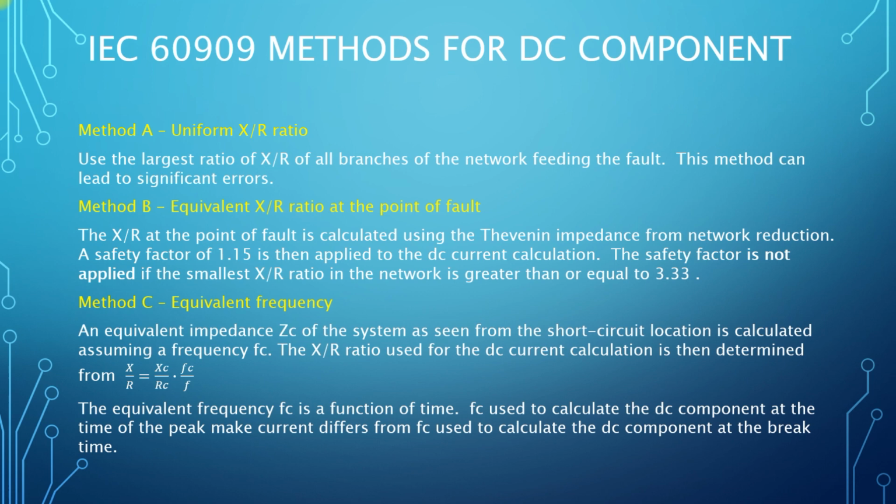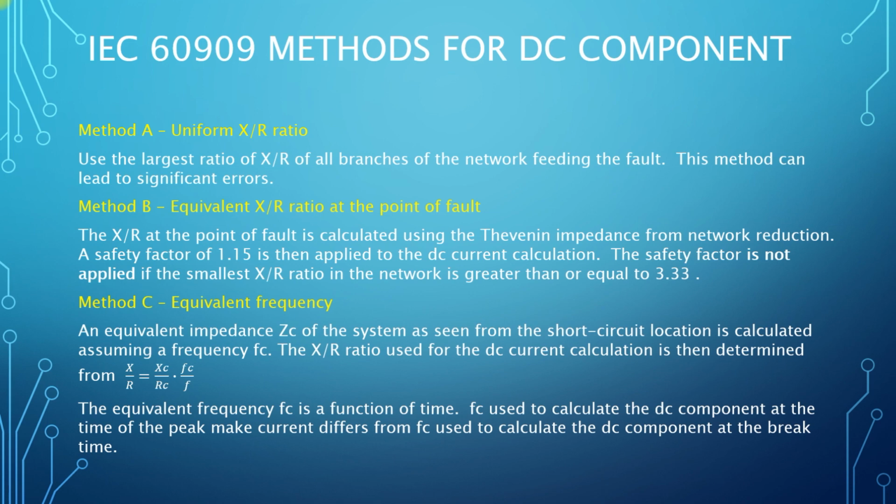It finds the branch with the highest X upon R ratio, which is the branch where the current will take longest to decay, and it says the current in all branches will decay at the highest rate. So this method can clearly lead to significant errors when calculating the DC component of current.